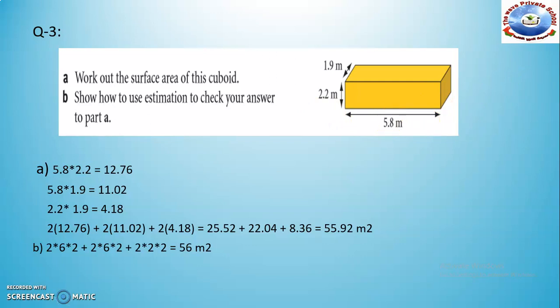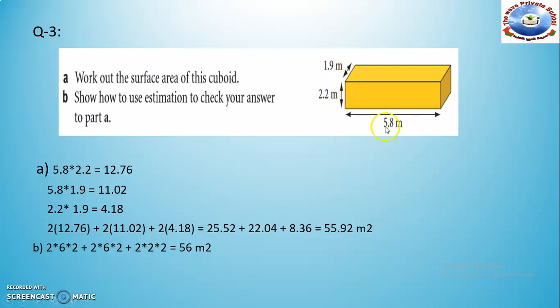The 2.2 will become 2 meter, and 1.9 will become 2 meter.